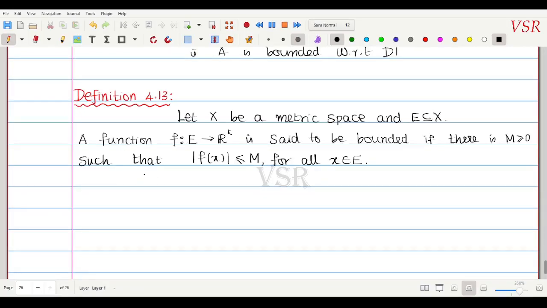Ultimately this f of capital E is a bounded subset of r power k. இதுதான் இதோடைய அர்த்தம்.